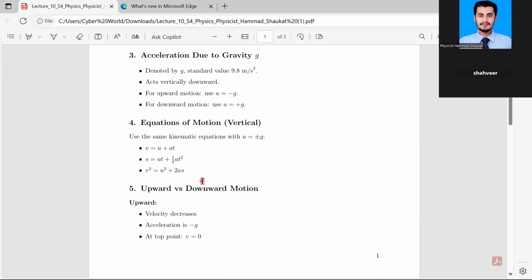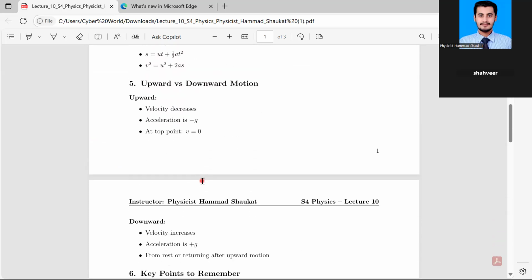Understood? Wonderful. Here are some tips. If your motion is upward, the velocity always decreases. Whenever you throw something upward, that body achieves a maximum height, but while achieving that maximum height, its velocity keeps decreasing.